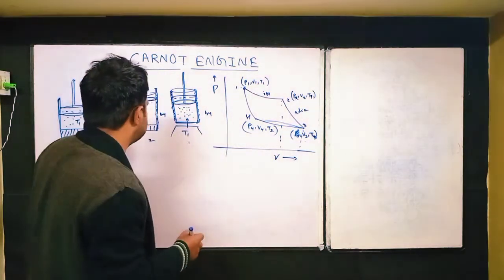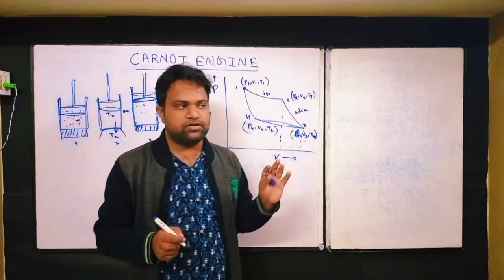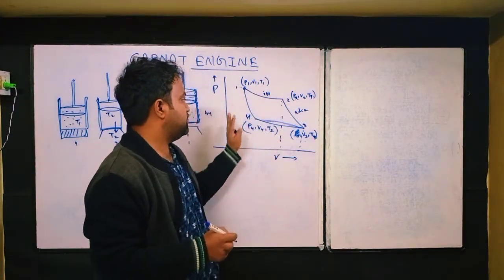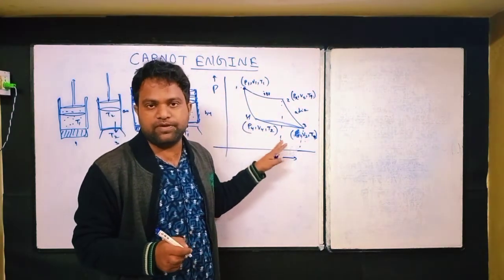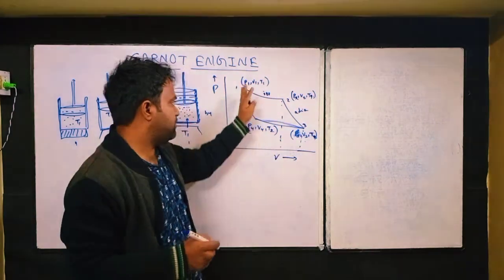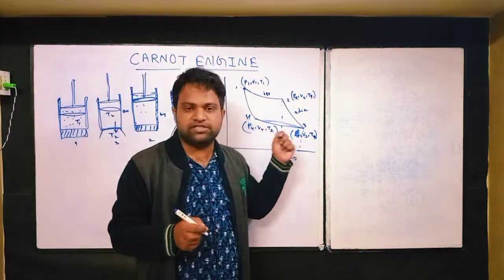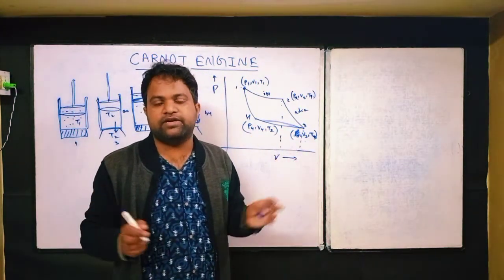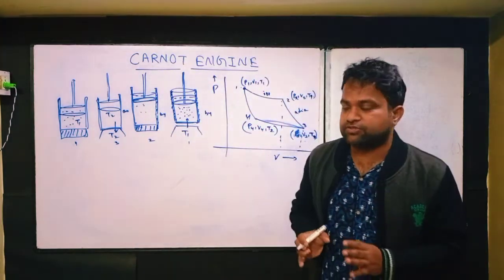Now for this reversible cycle, I'll calculate the net work done in this cycle. Now I can also calculate the area, because I know that the area under the PV graph is also my work done, but I'll go by my previous results, that I have already calculated the work done for the adiabatic process and work done for the isothermal process.